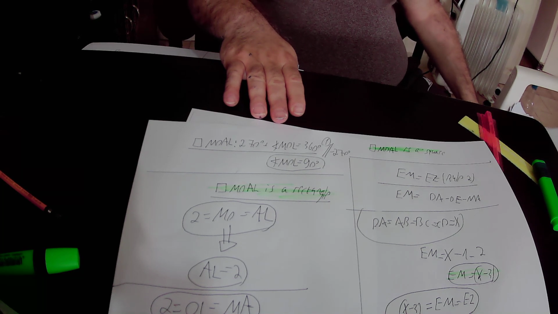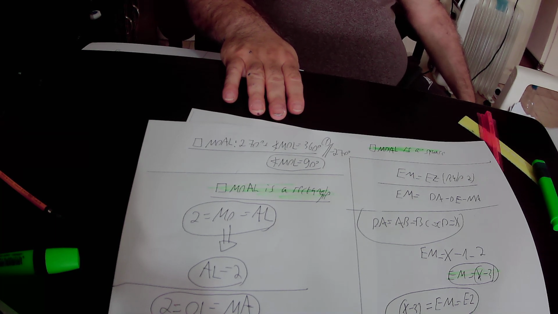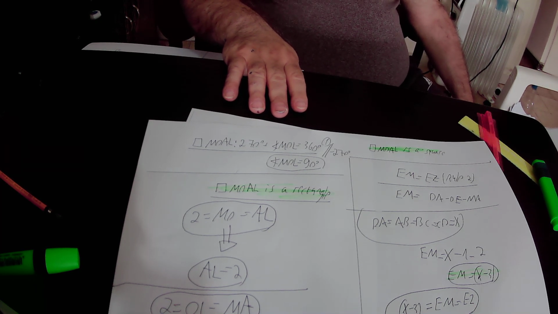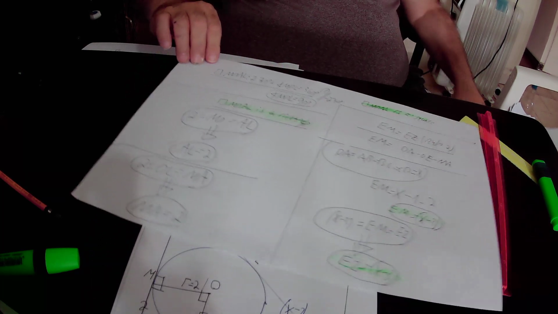In total, the sum of those 4 angles must be equal to 360 degrees, according to the rule that the sum of the angles in any quadrilateral is equal to 360 degrees. Here we subtract the 270 degrees from this equation and find out that the missing angle MOL equals 360 degrees minus 270 degrees, which is equal to 90 degrees.